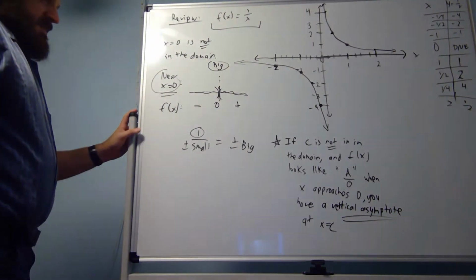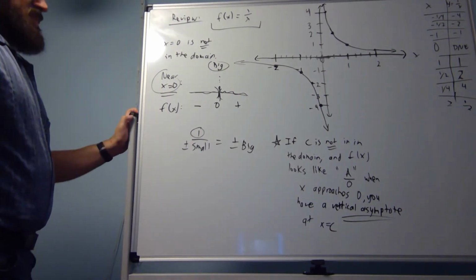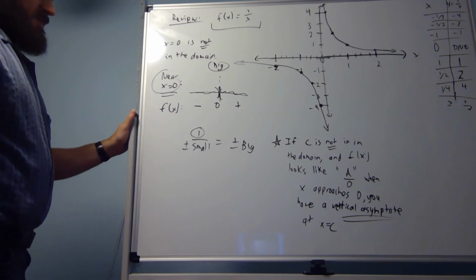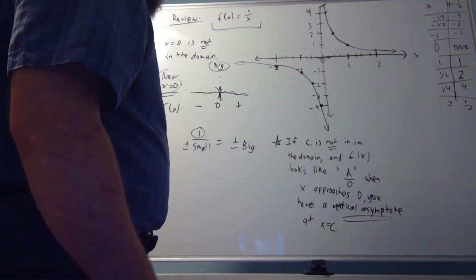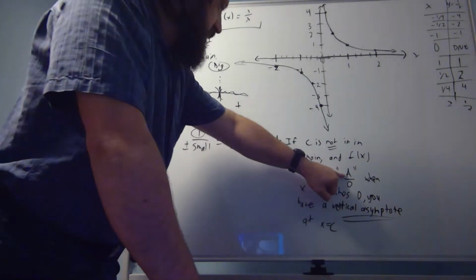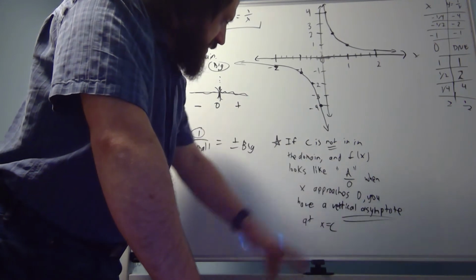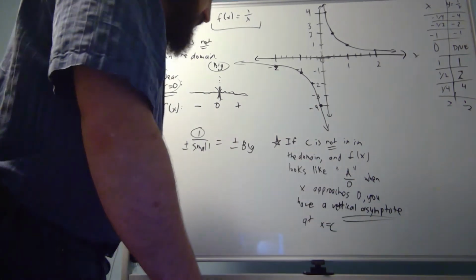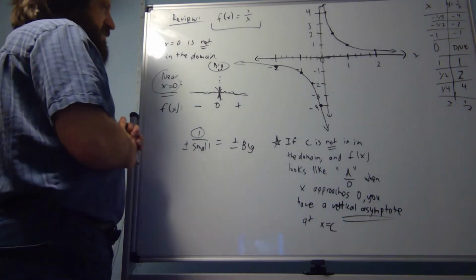Well, that's the classic thing that behaves just like 1 over x. If you divide one particular non-zero number by a number that's very close to 0, you get big stuff, and that's what happens generally.